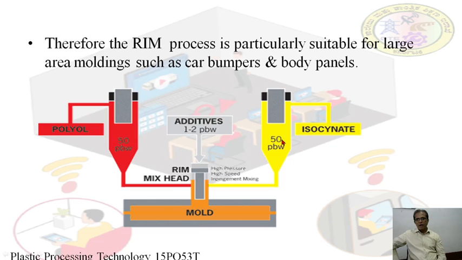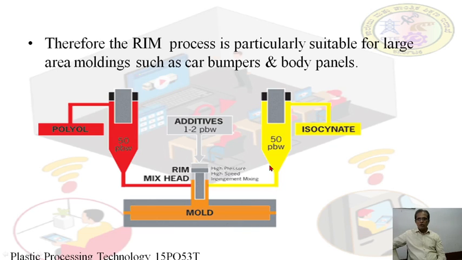Polyols and isocyanates are taken separately, pumped, and mixed in the required proportion. Additives, wherever required, are pumped into the same mixing unit, and the material is pumped into the closed mold. After filling, the mold is cooled, the mold is opened, and the product is ejected.